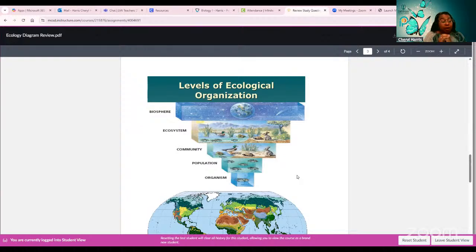So that's a population. But we all know that that fish is not the only fish in the sea. So it is in community with other fish of different kinds. We have a population of dolphins, a population of trout, a population of clownfish, and they all live in the same part of the ocean, so they're in community.